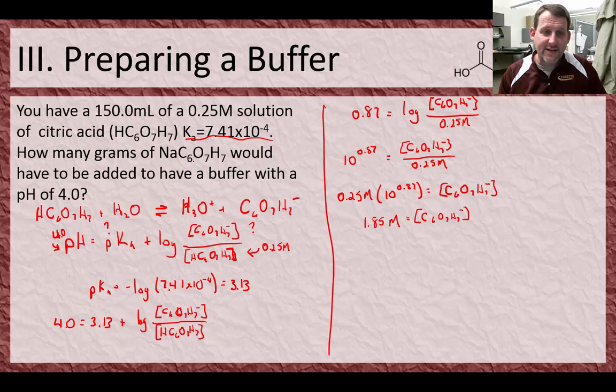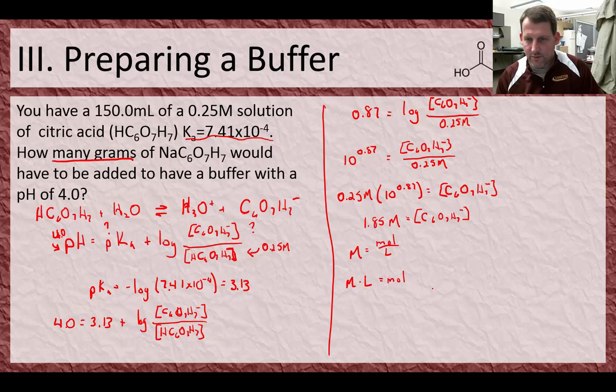Now that's not the answer because it's saying how many grams we have to add. So we have our concentration molarity, and we know that molarity is simply equal to the moles divided by liters. So to find moles, we take molarity times liters is equal to the number of moles we have to have. And that's going to equal the 1.85 molar times the 0.1500 liters.